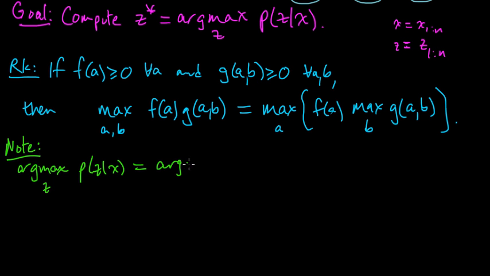So this is equal to the argmax of the joint, because they're proportional. And this is going to be a little easier for us to work with. So let's work with this joint distribution.